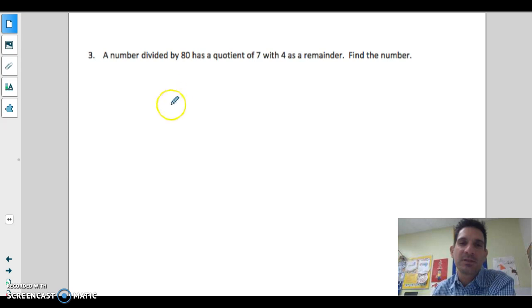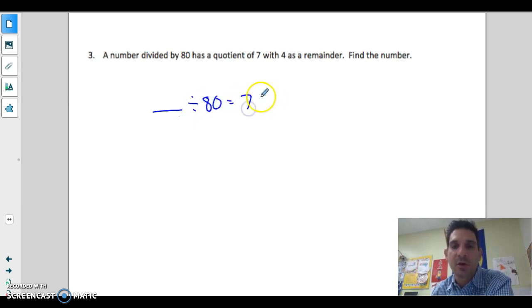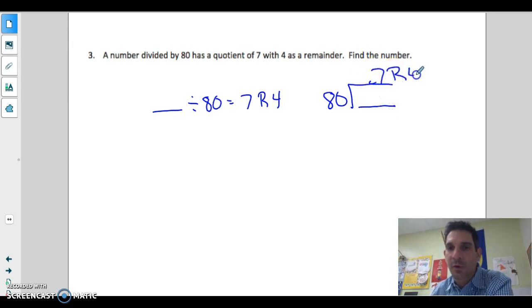So this is how I look at it. Some number divided by 80 equals 7 with a remainder of 4. If I was going to do a house, it would look something like this: unknown, with a 7 remainder 4.